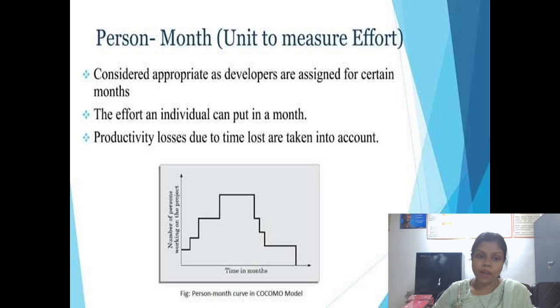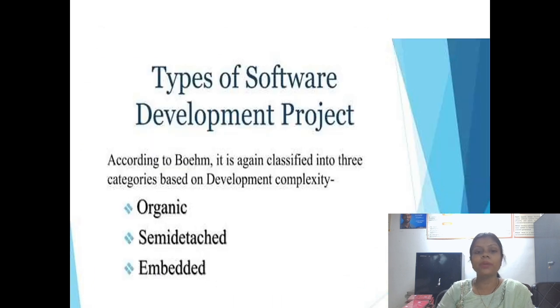From the graph we can see the x-axis is time in months, and the y-axis is the number of persons working on the project. So we can calculate on a monthly basis.